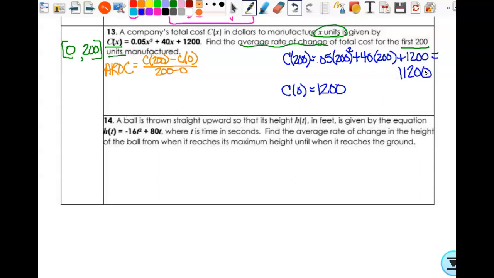Is that correct? That's what I got, yeah. And that means I have 11,200 minus 1,200 over 200. And when you calculate all that out, what do you get?